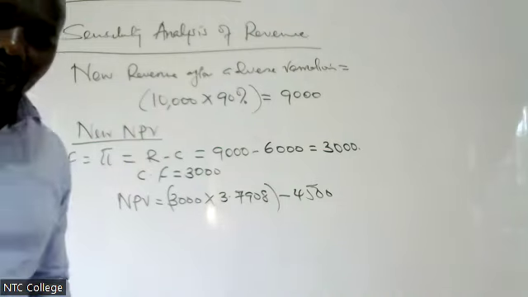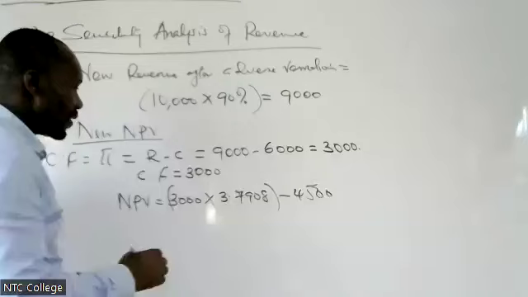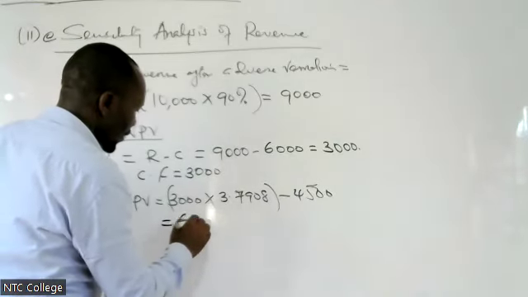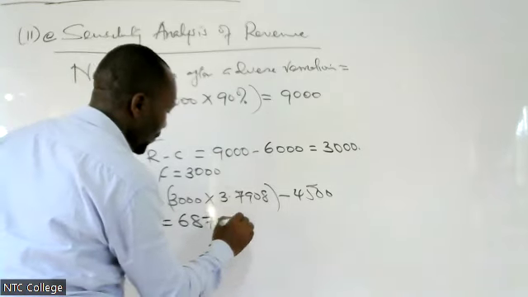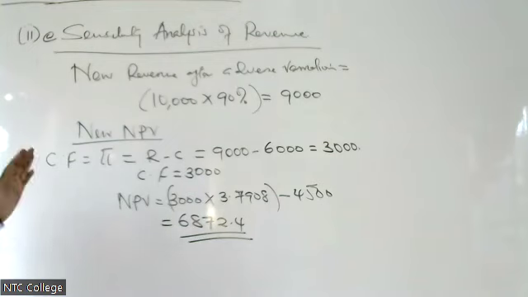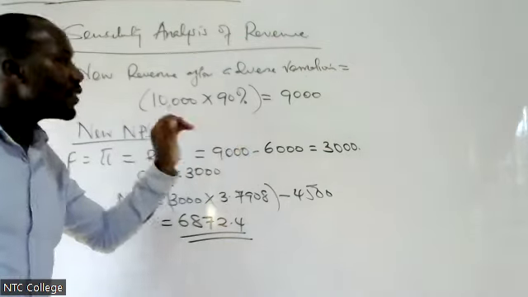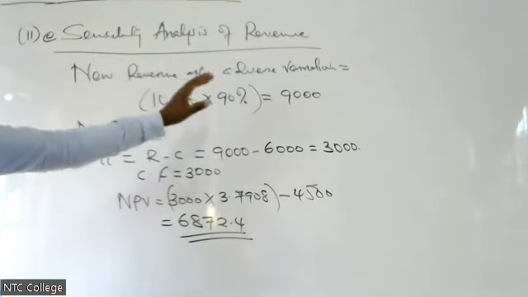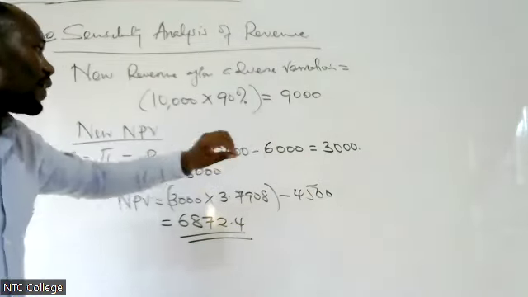So we are getting the new NPV after the change. You are getting 6,068.724. That is our new NPV. So you can see that as a result of the change on the revenue adversely, meaning that it has gone down, we have 9,000, which gives us a cash flow that is now 3,000.